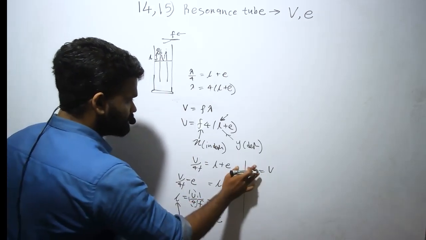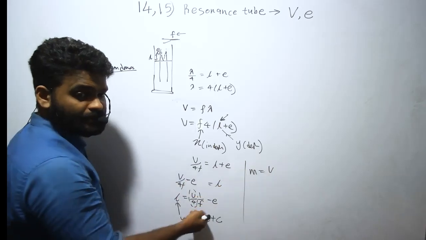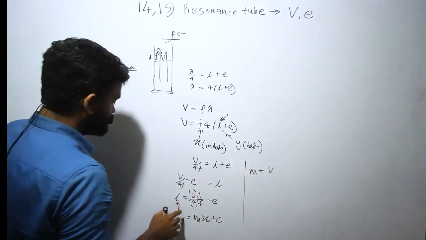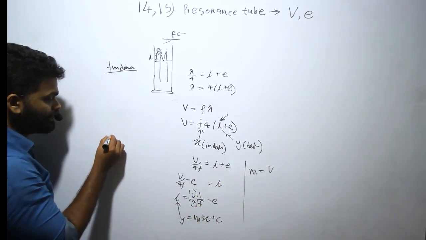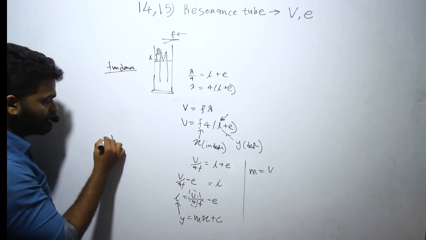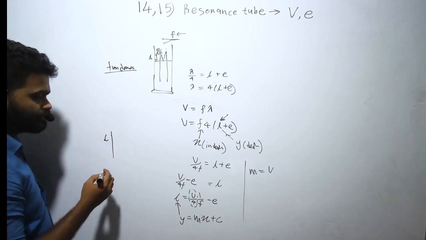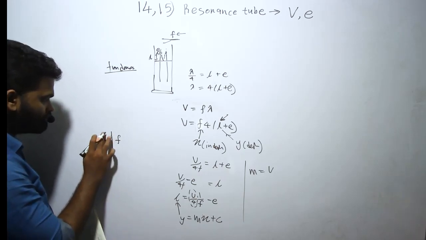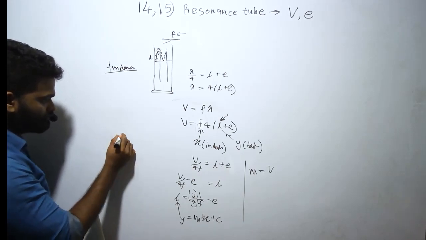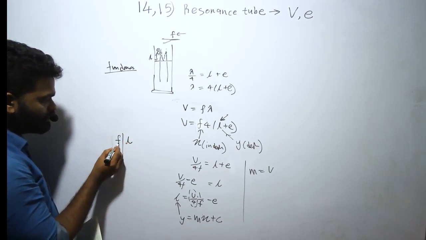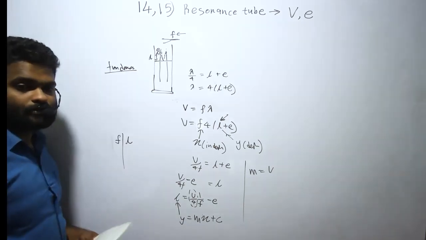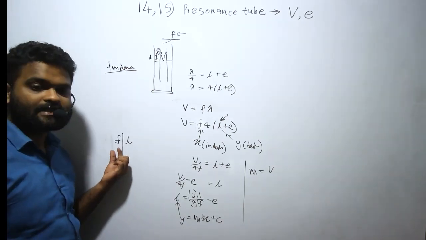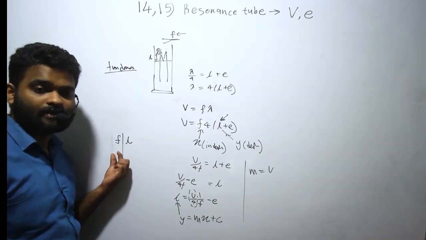Before finding the gradient, you need to draw the graph, right? So for the graph, what do we need? We need a table with L values and f values. You usually start from the highest frequency fork.